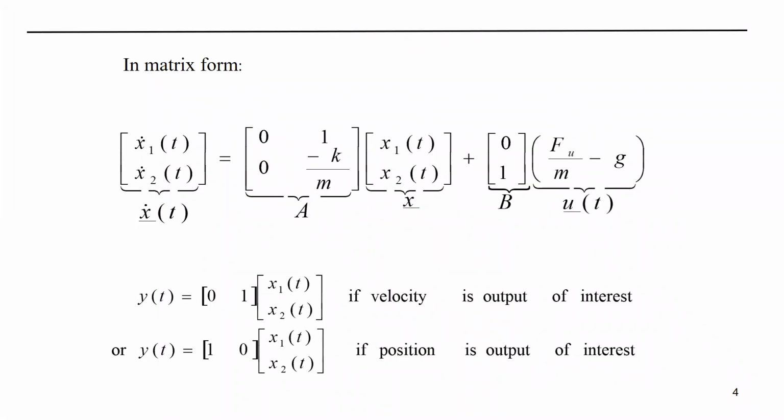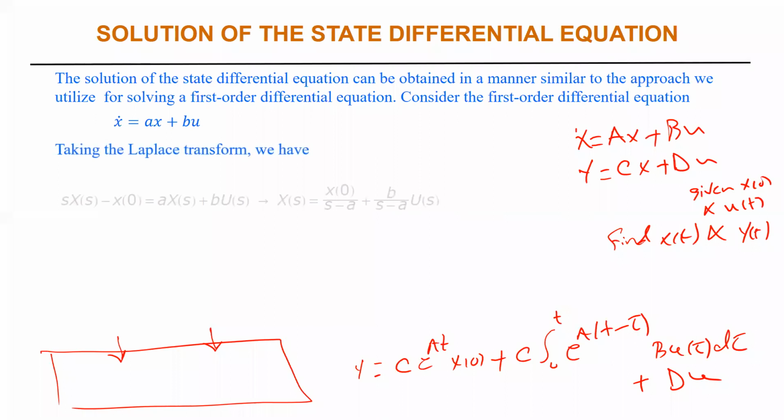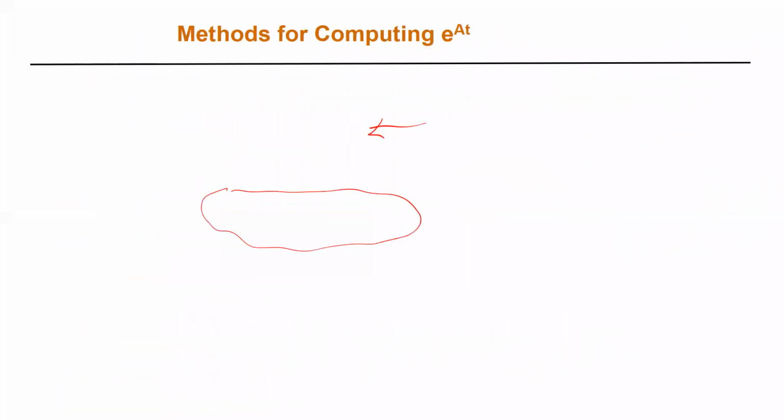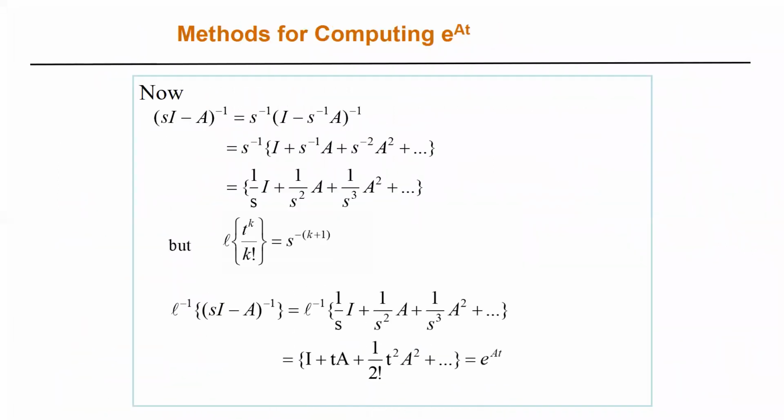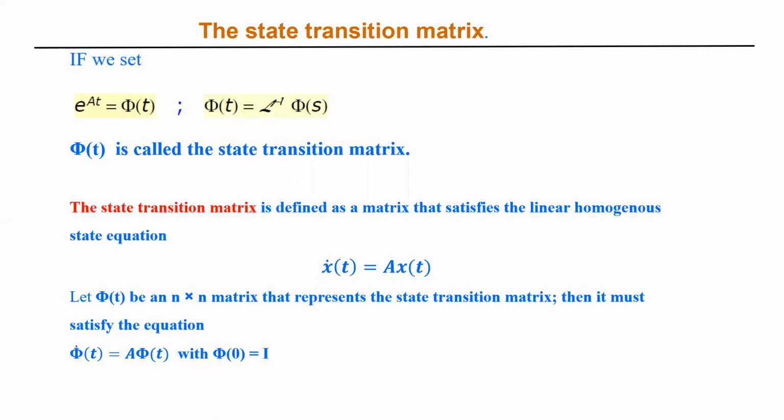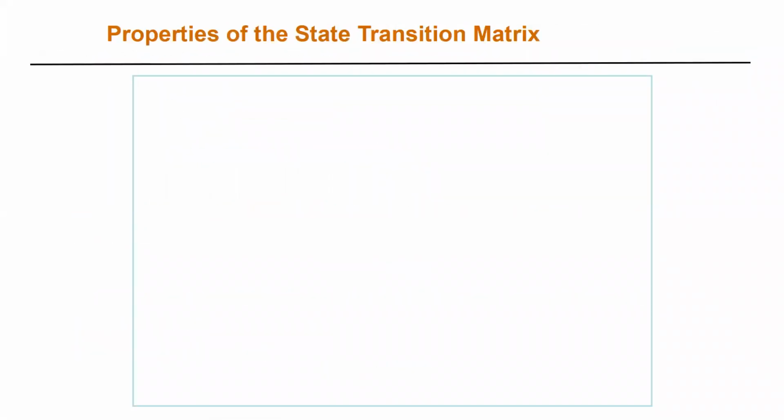And this is your A matrix, B matrix. And then we said this is the C matrix if the velocity is your output, and this is if the position is your output. So this is the A, this is the B. If it's a physical system, you can find them. If it is a non-physical system, they will be given to you. So you don't have to worry about them. Either you derive them for the system, or they are given to you.